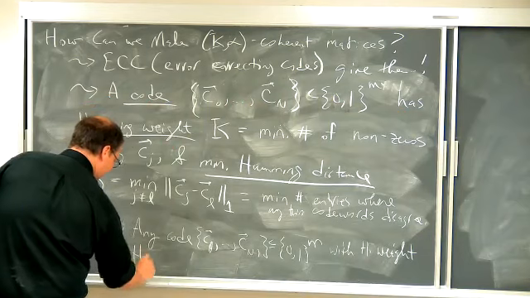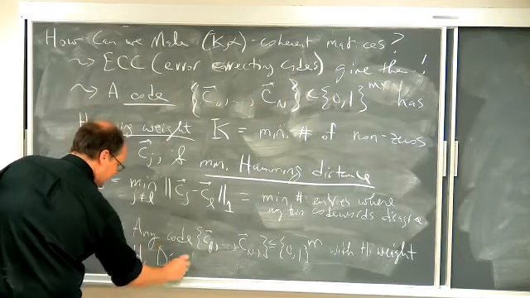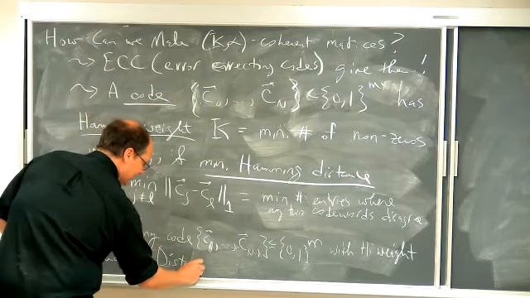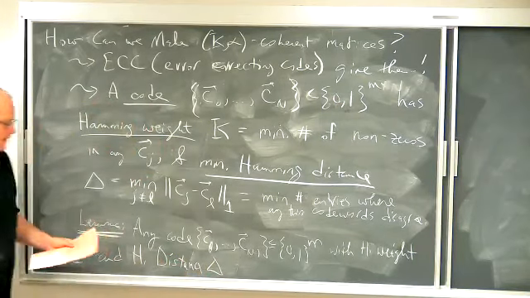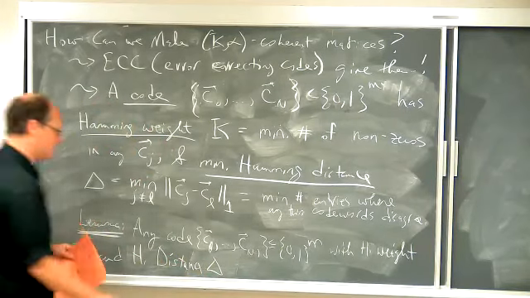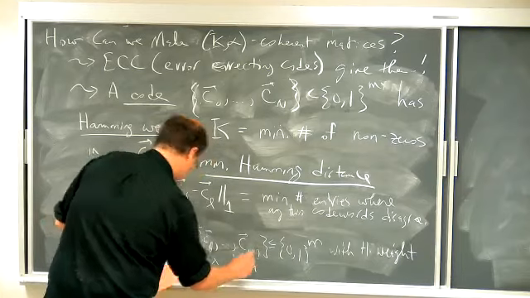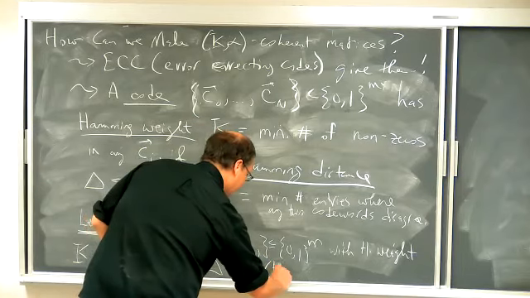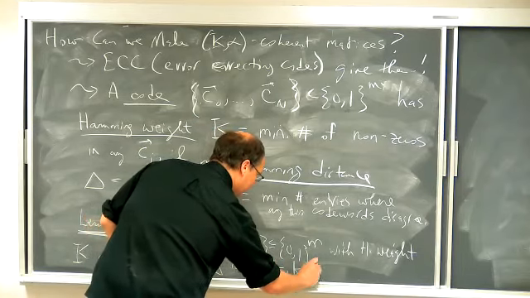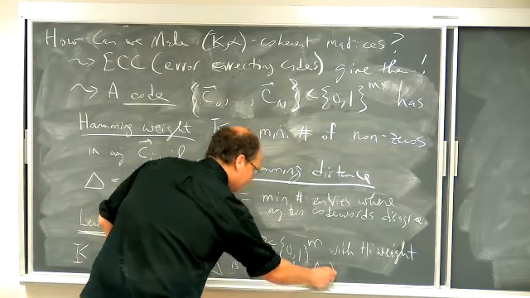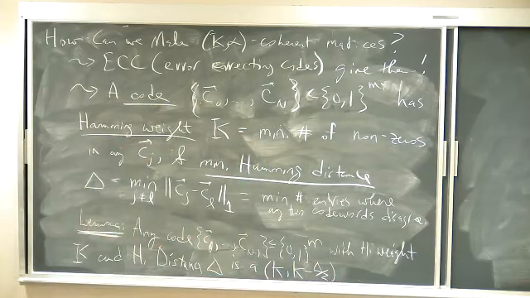And Hamming distance delta is going to be a (K minus delta) divided by 2 coherent matrix.